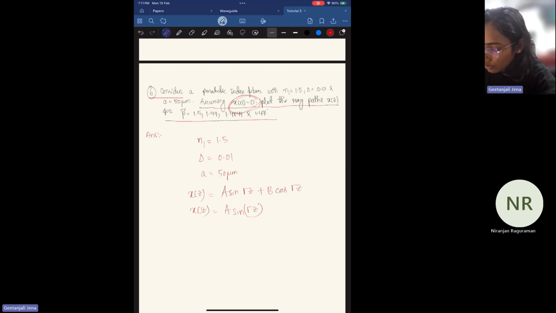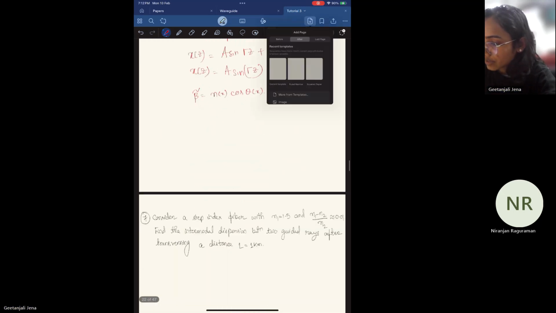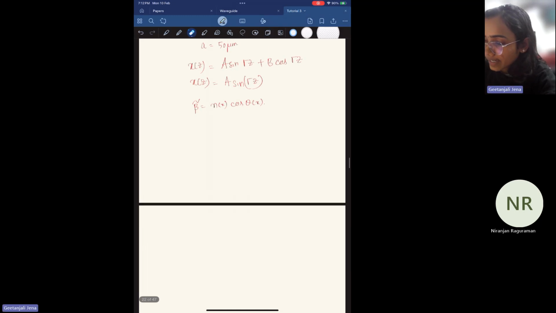Before drawing the ray paths, let us see what are the allowed values of beta tilde for a guided ray. So beta tilde is nx cos theta x. For a guided ray, beta tilde should be greater than n2, and it's in between n1 and n2.